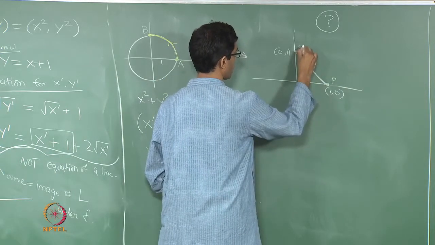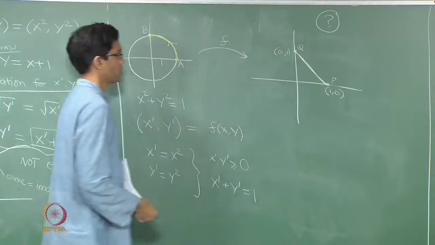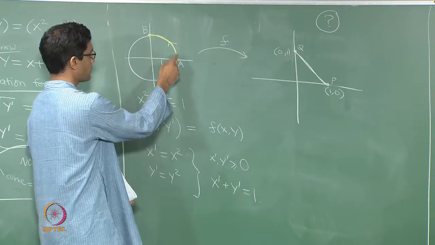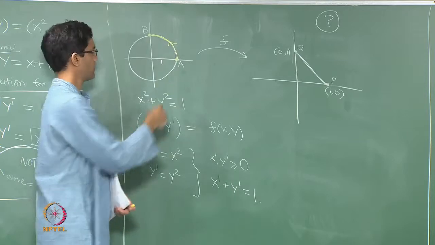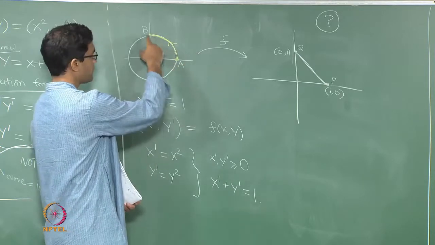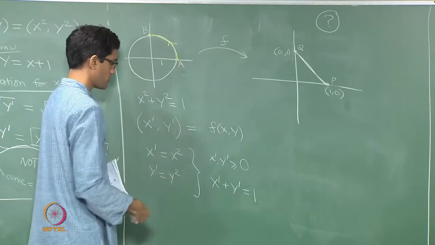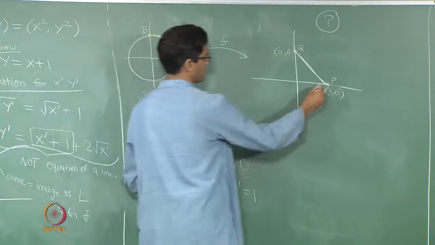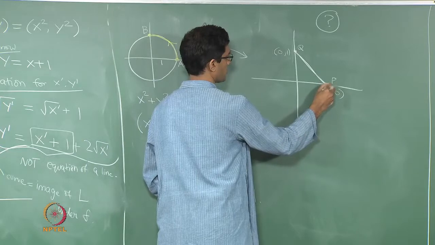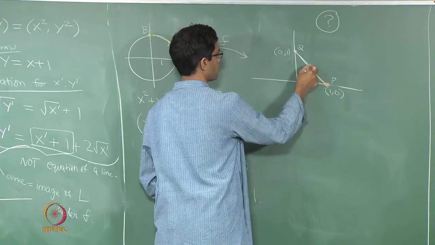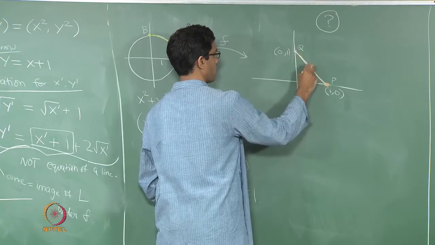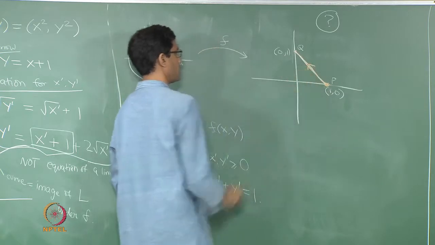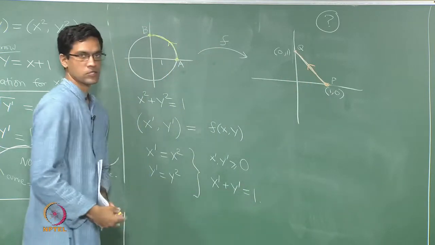Let me call it P and Q. So, when I move from A to B along my circle, A maps to P, B maps to Q under this map, and so I will move along this line segment from P towards Q. So, this is how the point moves when you move from A to B along the circle.